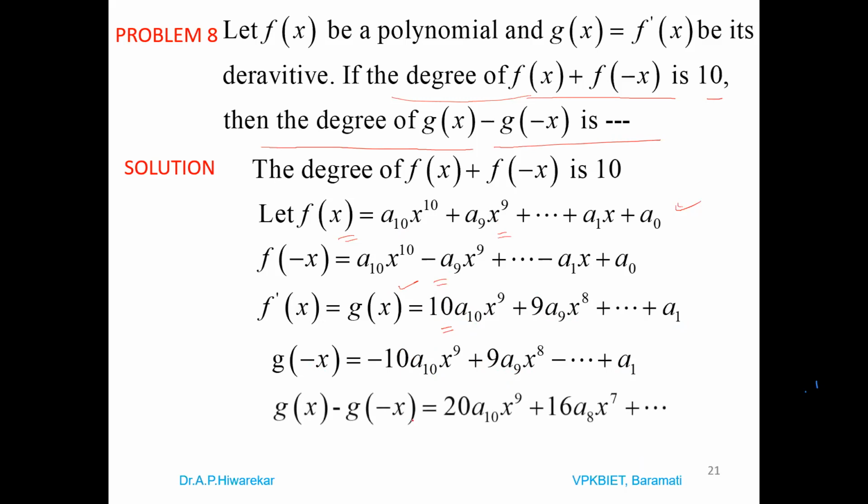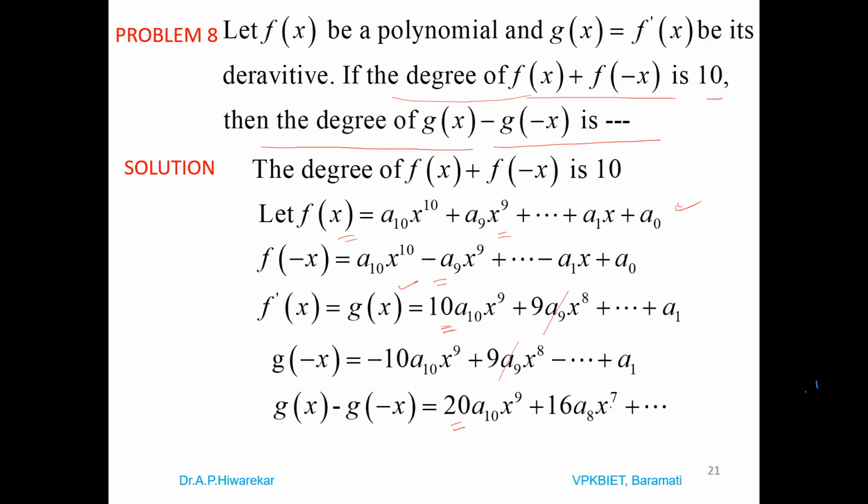And then subtract, so it is g of x minus g of minus x. If you calculate that, you will find this term will be double, yes, because we are subtracting. So that is 10 plus 10, 20, a10 into x power 9. Then you will find this term will get cancelled, and this term will be there, 16 a8 x power 7.